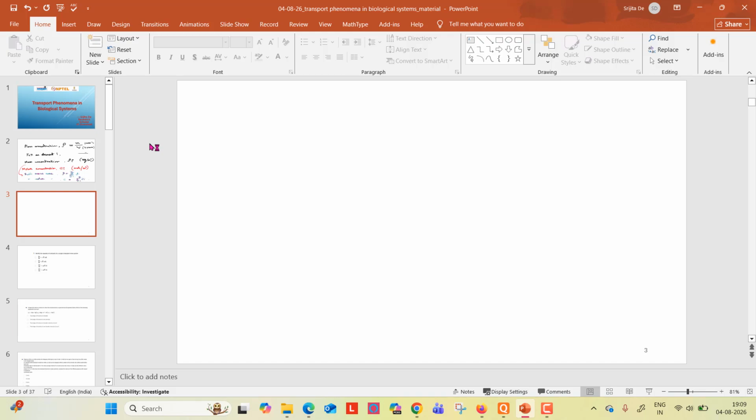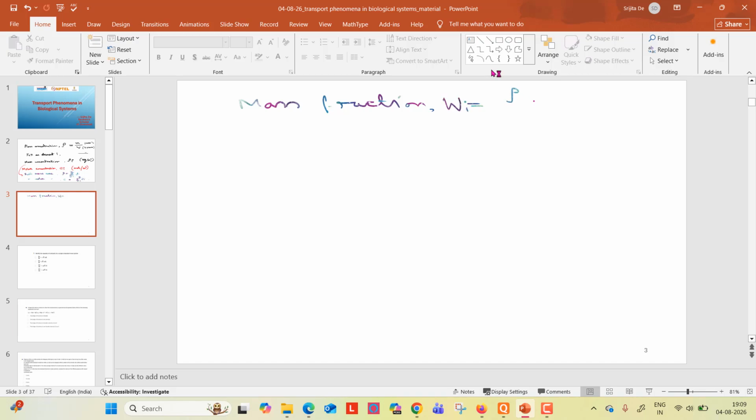Next comes the mass average velocity, or else first we calculate the mass fraction. So mass fraction is defined by the term Wi.